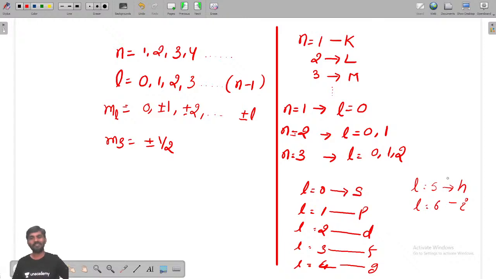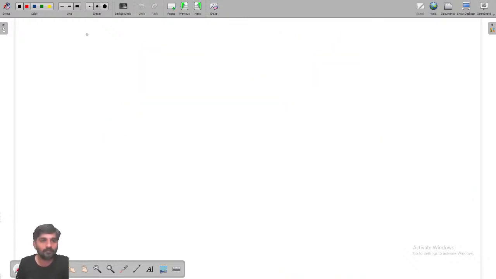Right? Now let us see for n is equal to 1, how many electrons can come? For n is equal to 1, your L is equal to 0. Similarly, if L is equal to 0, your ML is also 0.